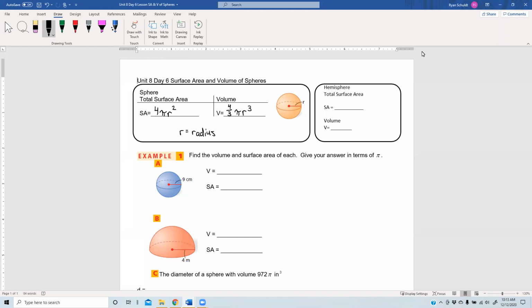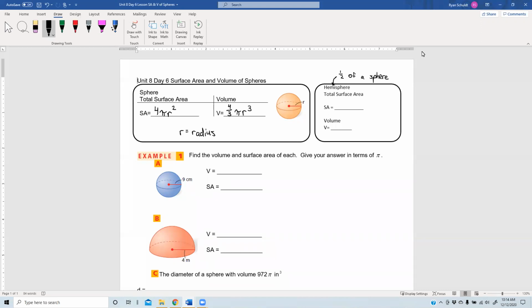Now for a hemisphere, if you don't know what that means, that is 1/2 of a sphere. It's half of a sphere. For total surface area, we can't just say 4 divided by 2, and oh, that's 2 pi r squared.